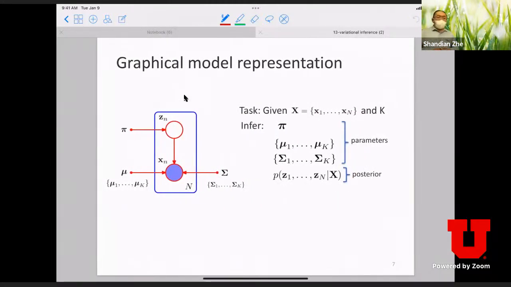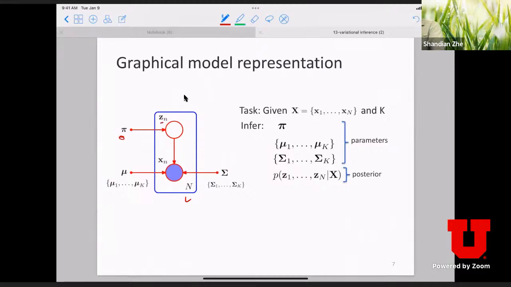So now we can represent this probabilistic model with a graphical representation. We use the independent sampling procedure to generate each data point. The generation is that, given the probability vector, which indicates the prior membership for any data point, we sample the particular membership for data point n.